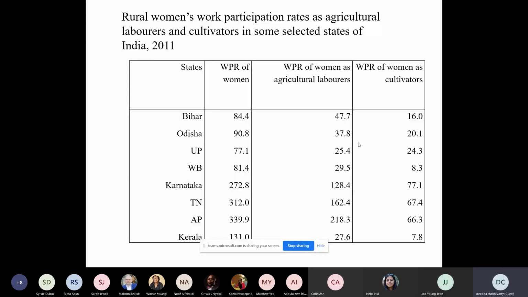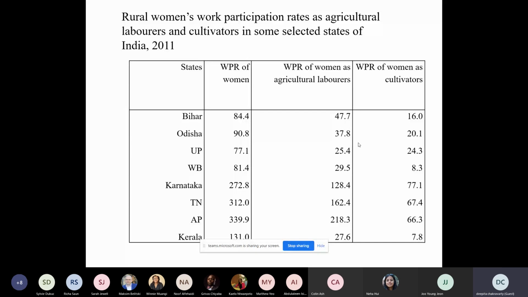Now, there is a difference of figures between the National Sample Survey data and the census data because the definitions are not exactly the same. So they are not strictly comparable. But because I'm taking the data for the same states, I can compare across the states, not between the figures of NSS and census.